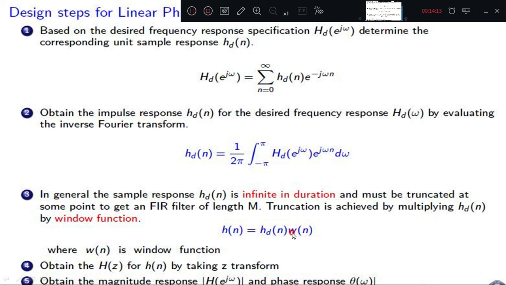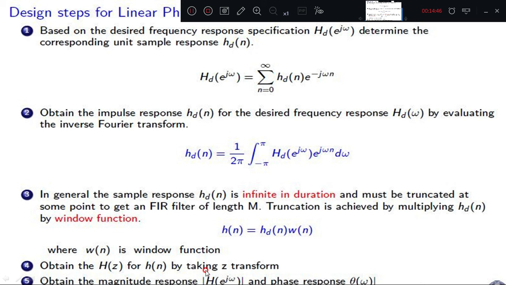So once you multiply HD of n with W of n, it is as good as truncating the impulse response of the IIR filter to get the impulse response of the FIR filter. So you will get H of n. Then you substitute n equal to 0 up to N minus 1. So that N is nothing but the total length of the window function, that is the duration of the window. So you will get a finite number of samples in the FIR filter. Understood?